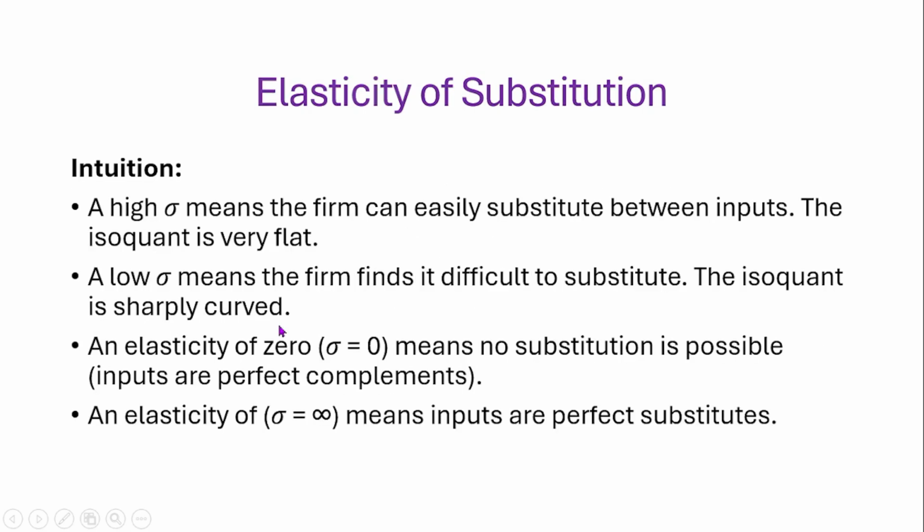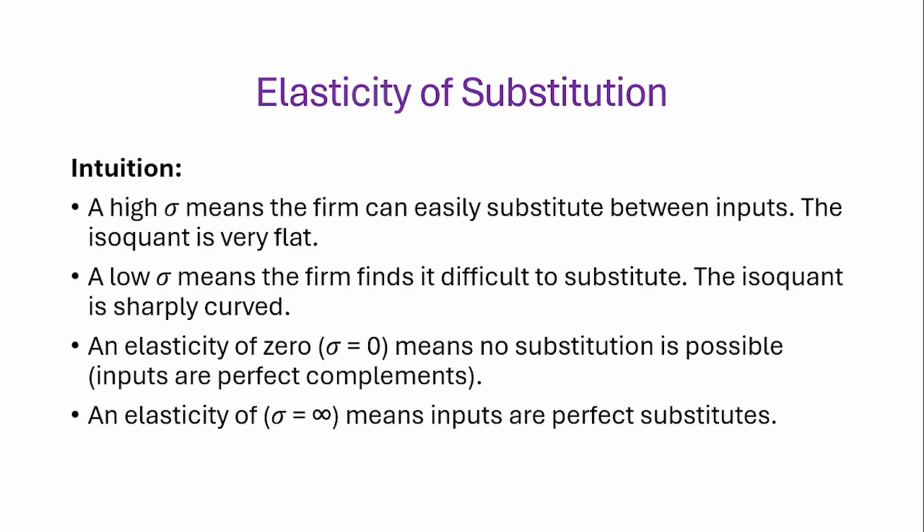Okay, and there is some intuition for elasticity of substitution. A high sigma means the firm can easily substitute between inputs, and in this case the isoquant will be very flat.